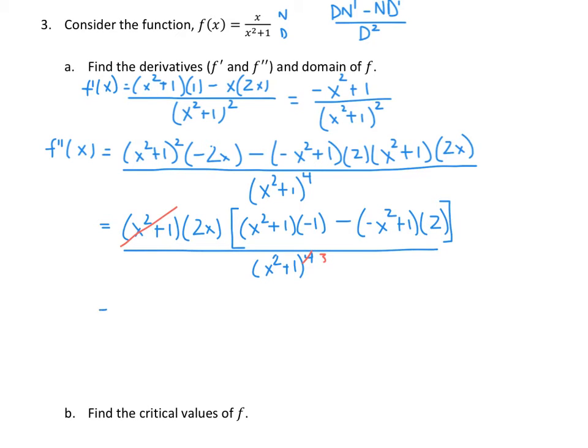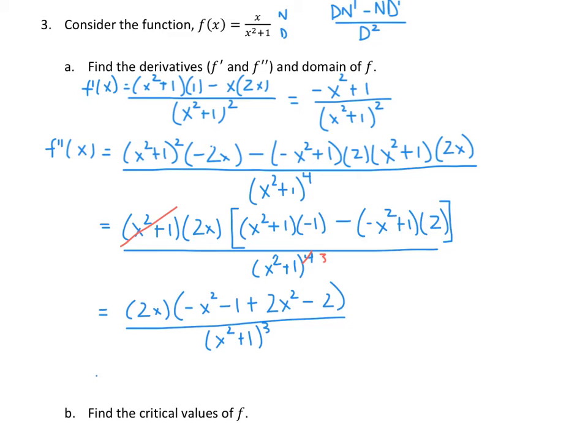So here we are still left with a 2x, and then simplifying what's in the brackets, we have a negative x squared minus 1, then we have a plus 2x squared and a minus 2, all divided by the x squared plus 1 cubed.